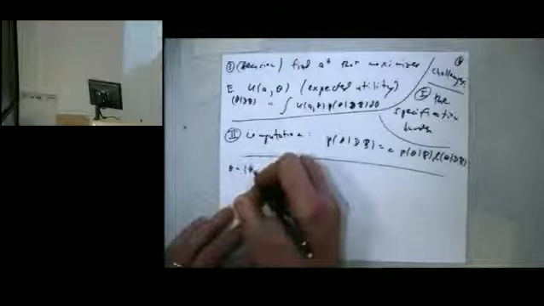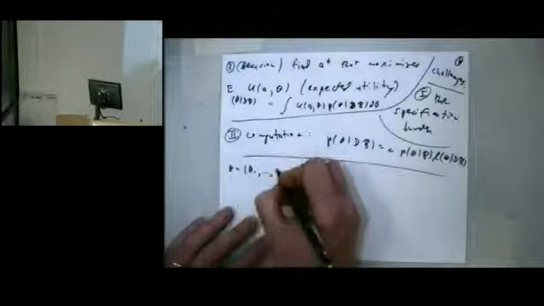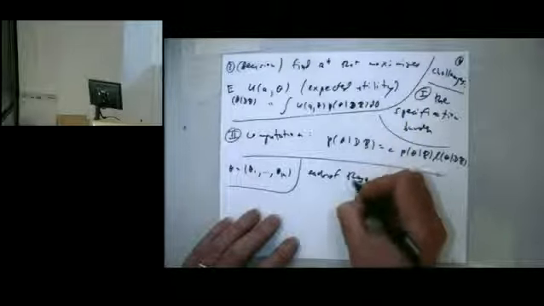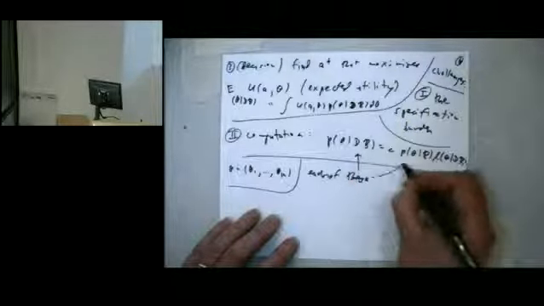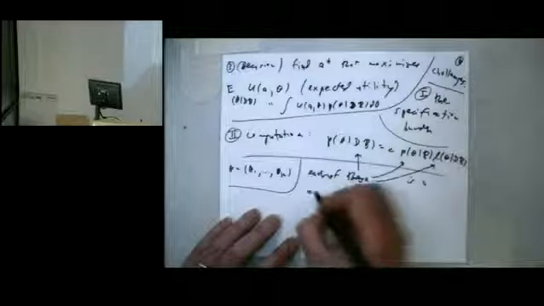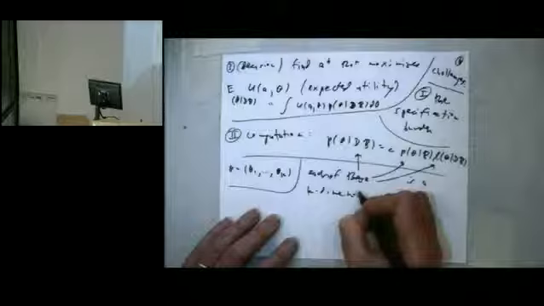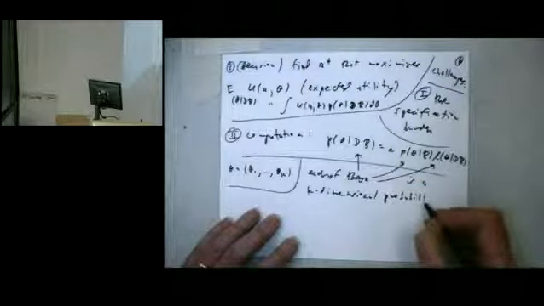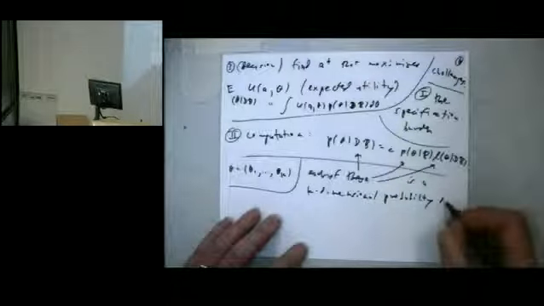Okay. Suppose theta is that vector of k real numbers that we were talking about before. Then each of these, that guy there, that guy there, that guy there, is a k-dimensional probability distribution, DIST for short.